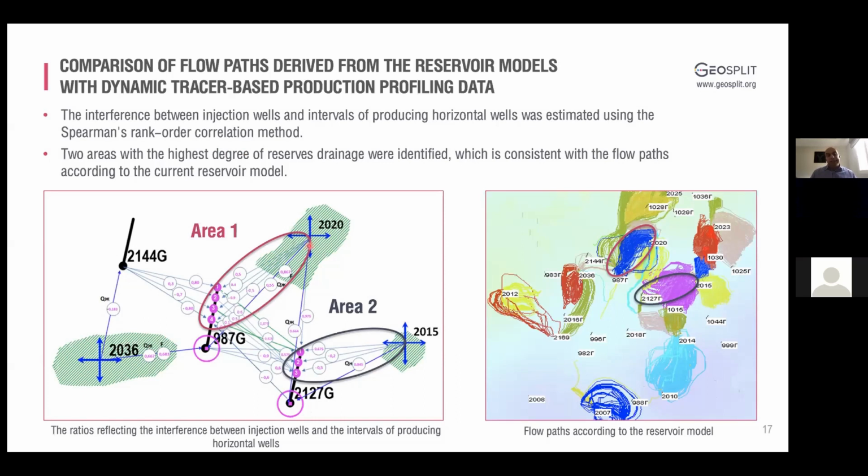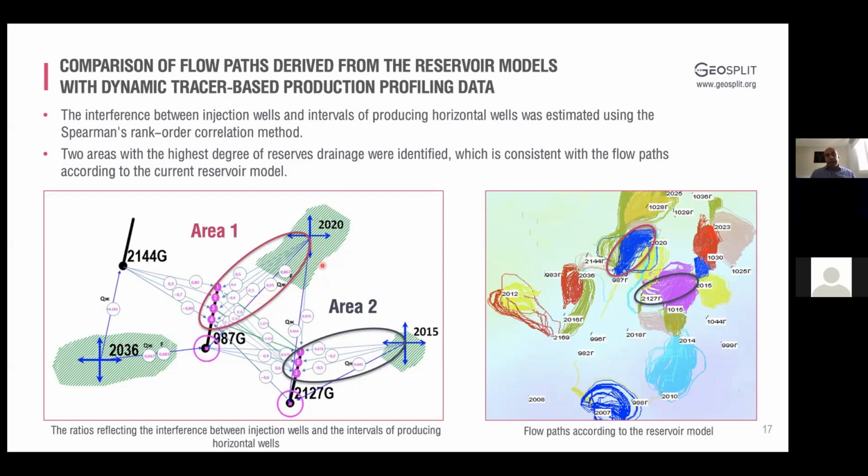In this case, the data-driven method was applied in those two areas. But now the input was not taken only on the single well level, but on each fracturing stage in each producer.